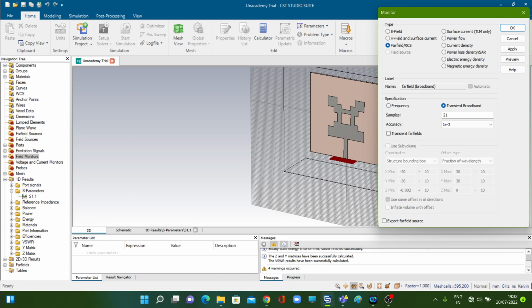Now when we select this transient broadband, next is the number of samples. See, the number of samples 21 gets auto selected. You can increase the number of samples, you can decrease it, you can keep it as it is. The effect I will tell you. When you plot the result, you will basically get a graph. Try to imagine this. If that graph has fewer coordinate points, then the graph will appear to be a step-like structure, in steps.